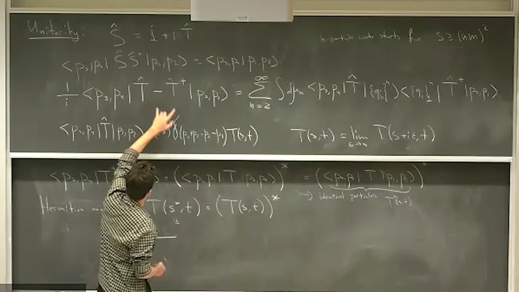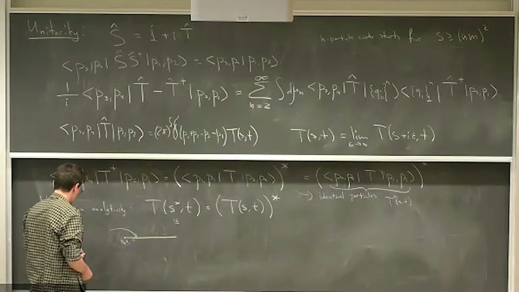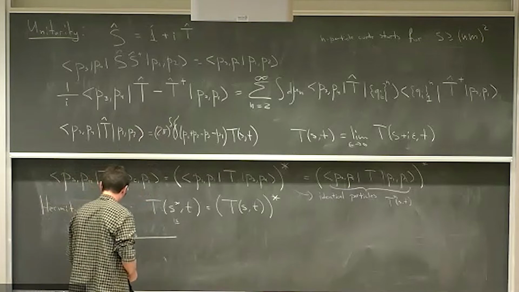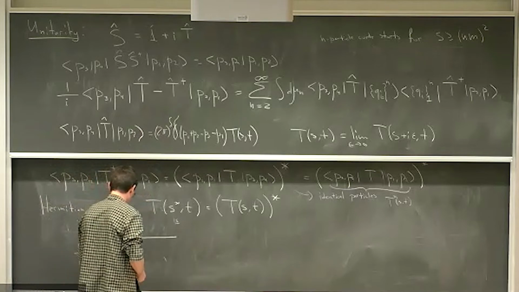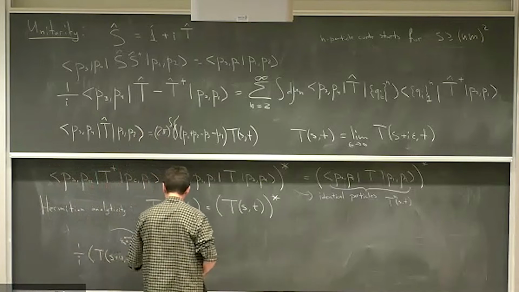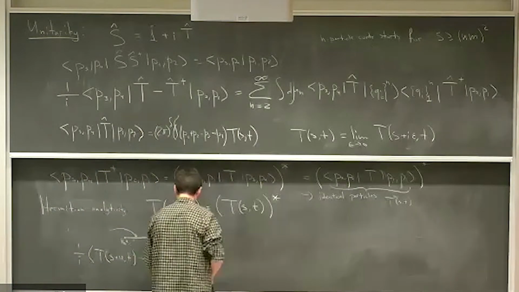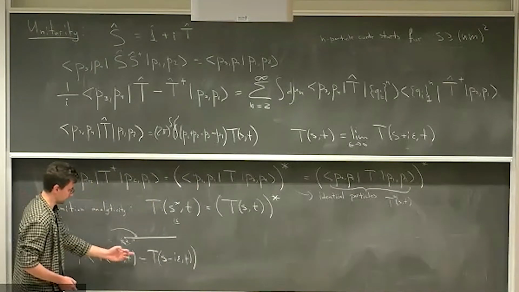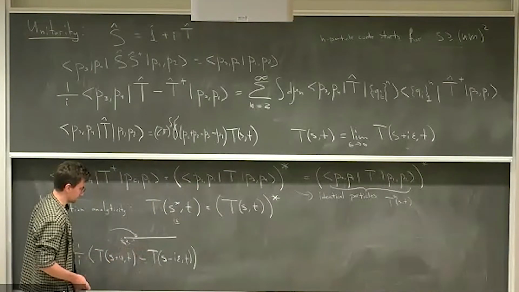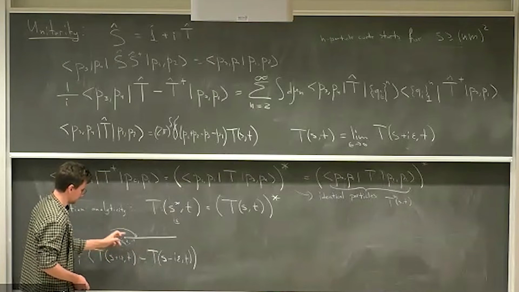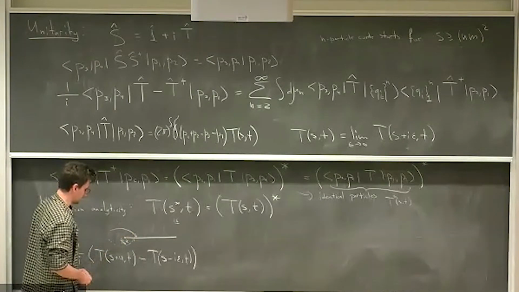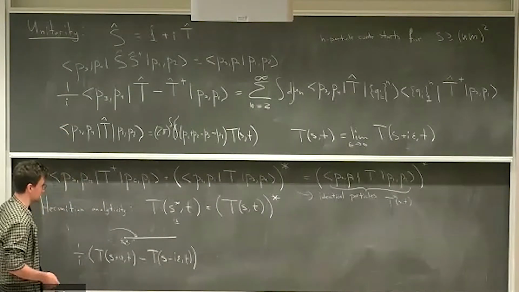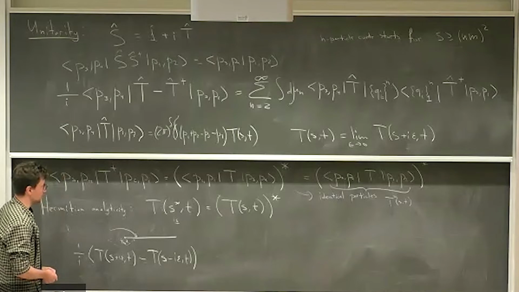Therefore what we get on the left-hand side is 1 over I, t of s plus I epsilon minus t of s minus I epsilon, and this is something known as the discontinuity of the amplitude along a certain cut. So we see that in the unitarity relation, on the left side you get the discontinuity.